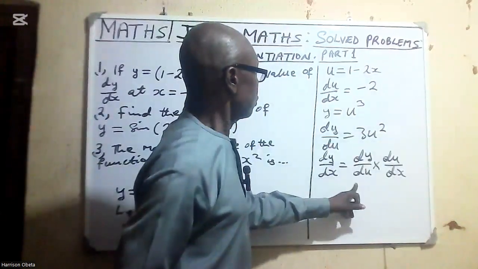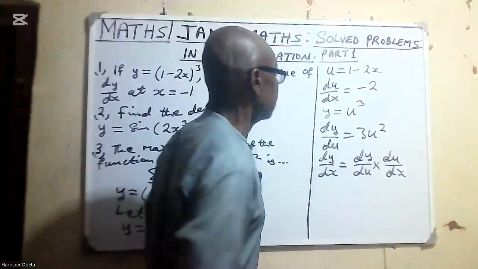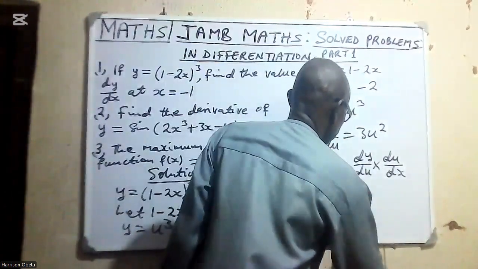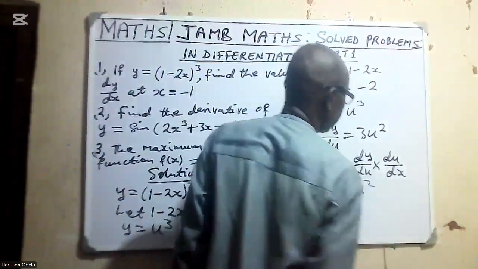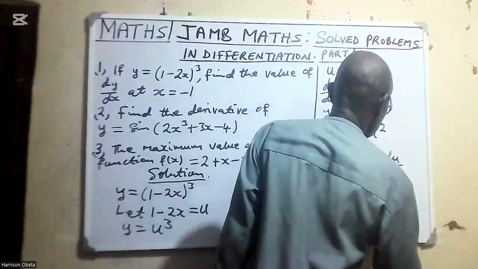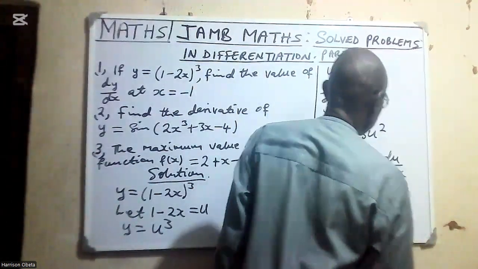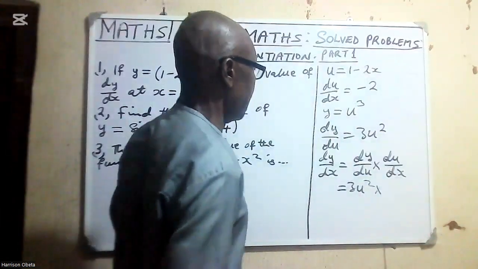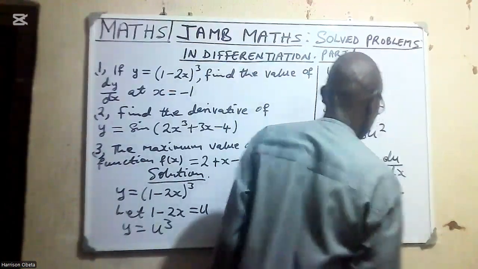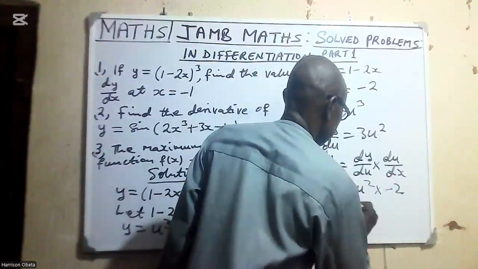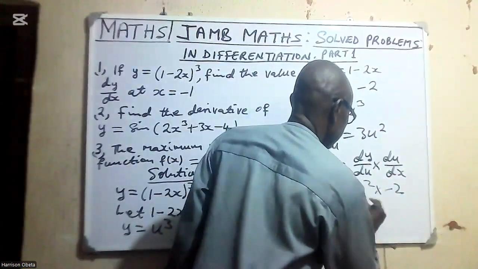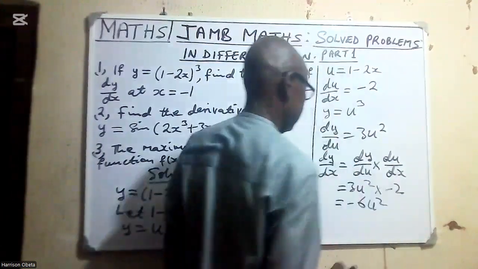dy/du, we have it as 3u squared, times du/dx, which is minus 2. And that will give us minus 6u squared.